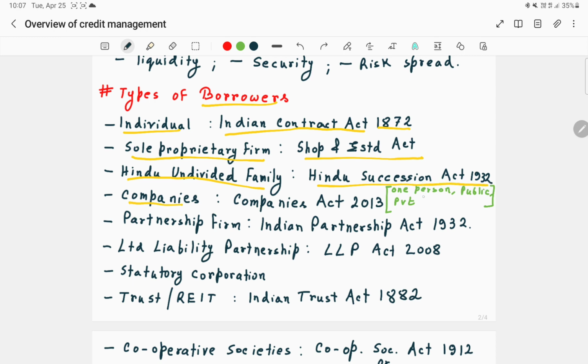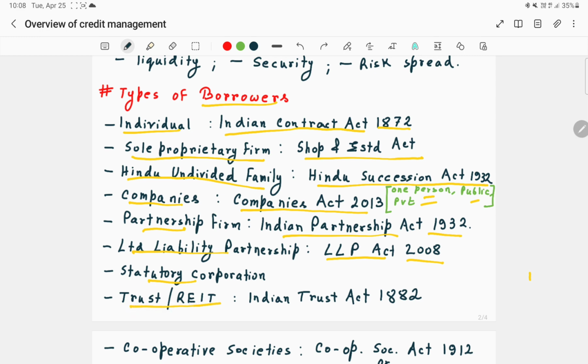Any companies, be it a one-person company, public company, private company, will fall under the Companies Act 2013. A partnership firm will fall under the Indian Partnership Act 1932. A limited liability partnership will fall under the Limited Liability Partnership Act 2008. A statutory corporation will fall under the Statutory Corporation Act.